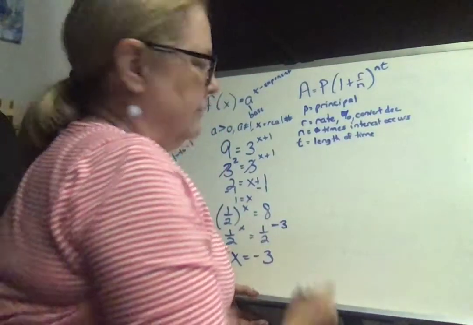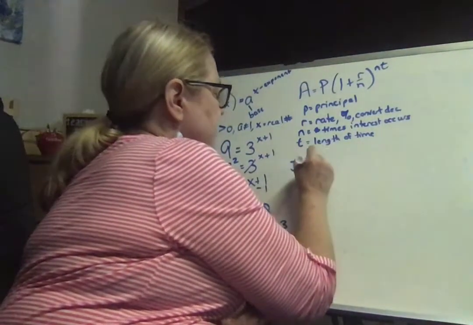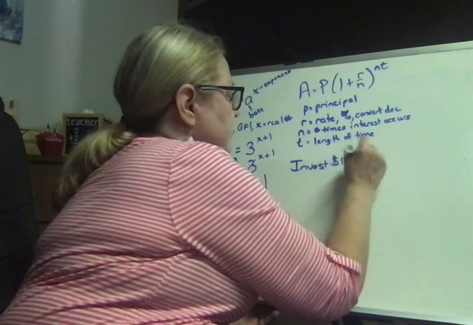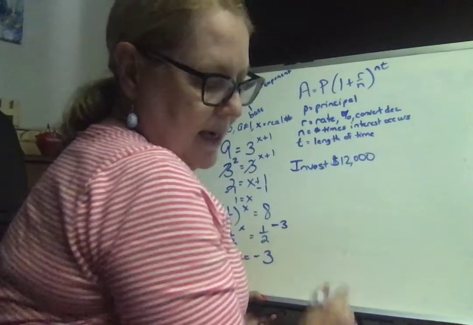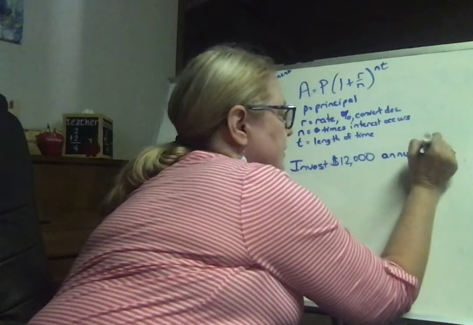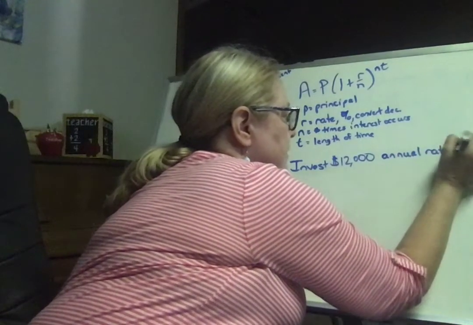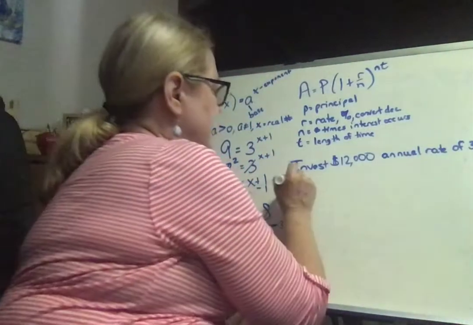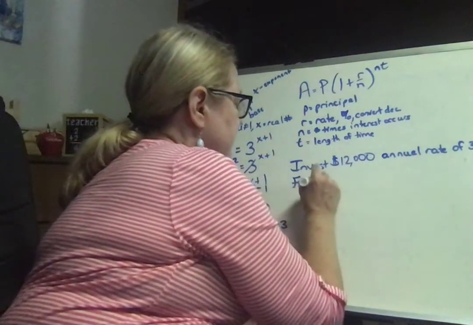So, we want to invest $12,000 in a bank at an annual rate of 3%. Find the balance in 5 years.